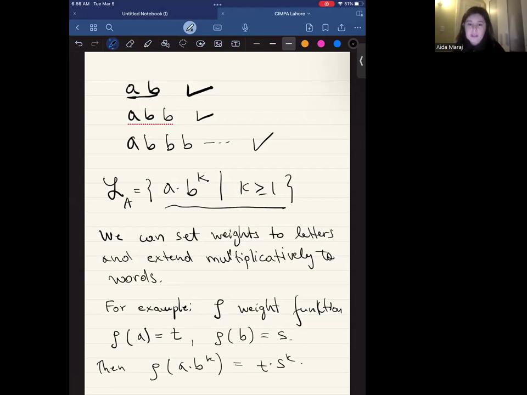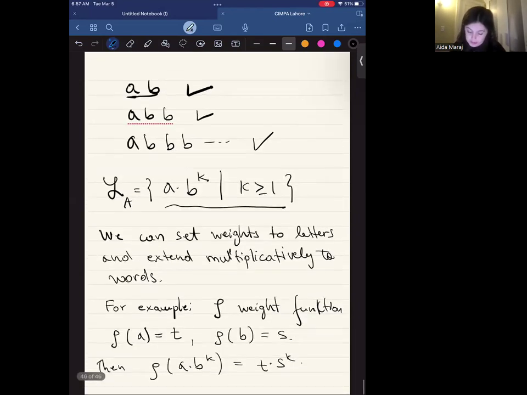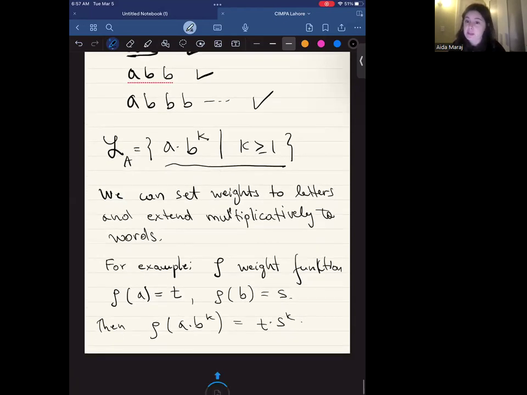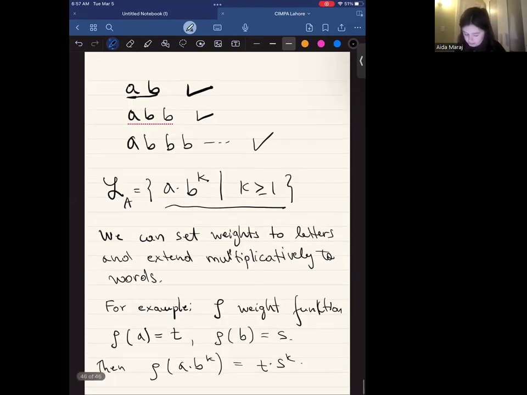Weights do not need to be finite numbers. In fact, we want them to be other variables.